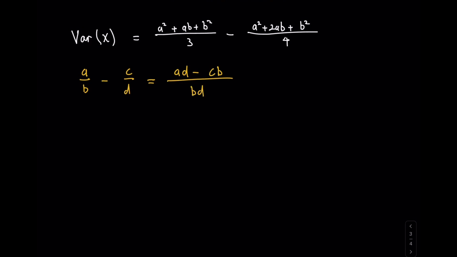That's effectively what's happening here: we're just putting everything over the same denominator, in this case the lowest common denominator.